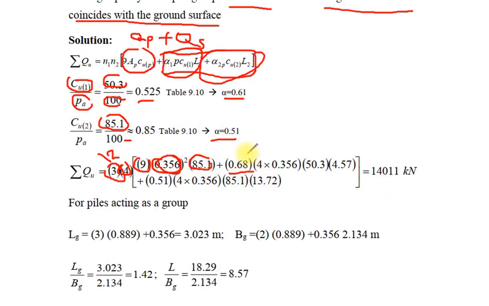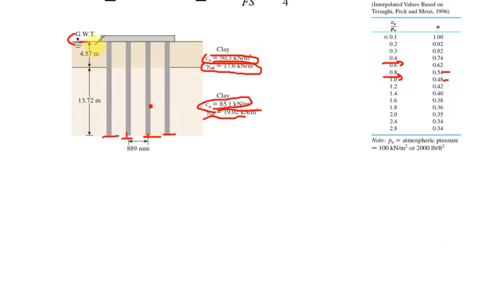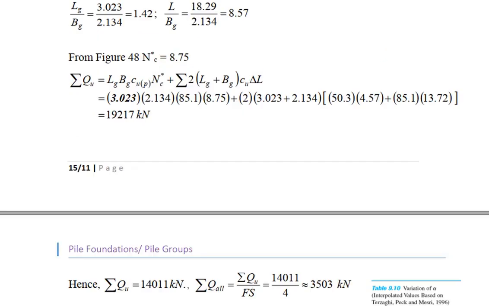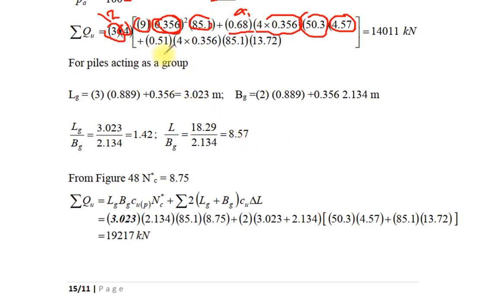plus alpha 1 multiplied by parameter 4 multiplied by 0.356 multiplied by undrained cohesion, and the thickness of the first layer 4.57. This is the thickness of the first layer, plus 0.51 alpha 2 multiplied by parameter multiplied by undrained cohesion for the second layer multiplied by the length of the second layer.